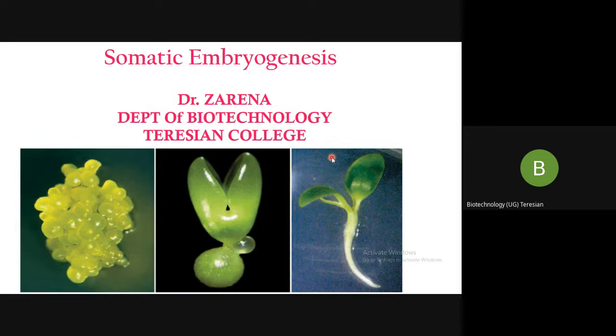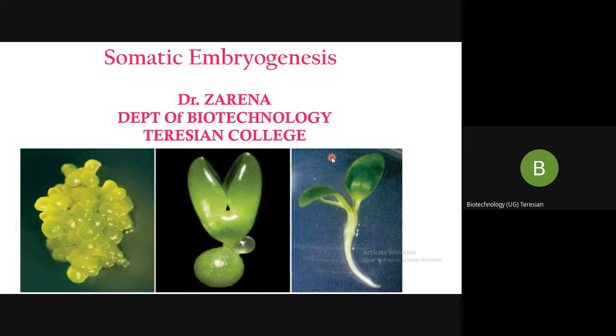Throughout our previous videos you saw how these are being produced: your organ culture, your ovary, ovules, meristem, micropropagation, somaclonal variation, and today you'll be studying about somatic embryogenesis. So the scientists have developed embryos from somatic cells.